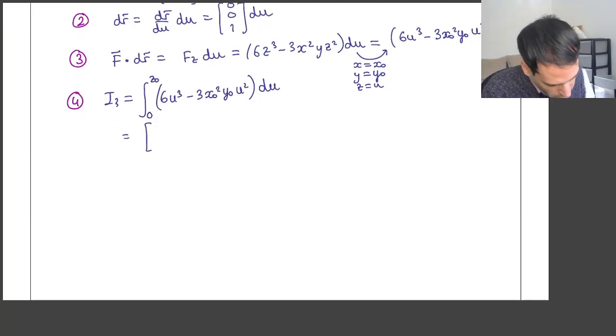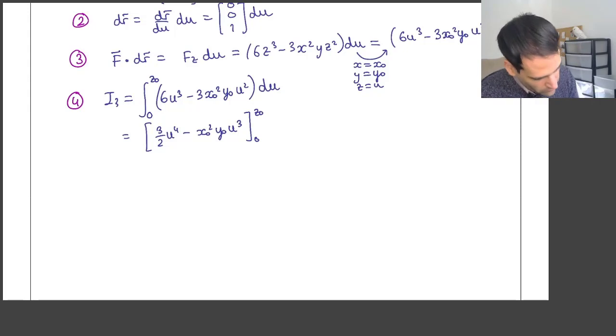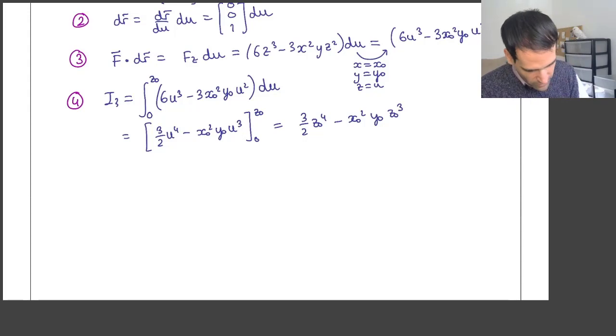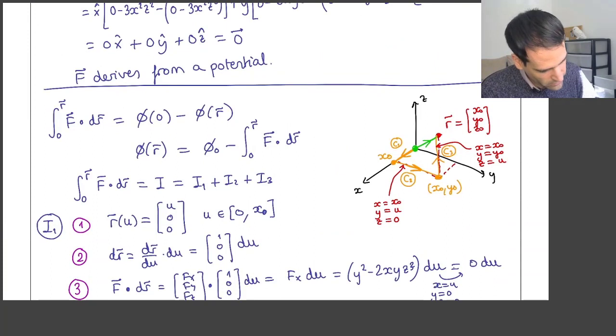It's just u to the 4, but we will need 6/4, which is 3/2 of u to the 4, minus u cubed, but we will divide by 3, so 1, so x0 squared y0 u cubed, evaluated between 0 and z0, which will simply be equal to 3/2 of z0 to the power 4 minus x0 squared y0 z0 to the power cubed. Okay, and with that we have found the three integrals I3, I2, and I1 that constitute the entire path integral.